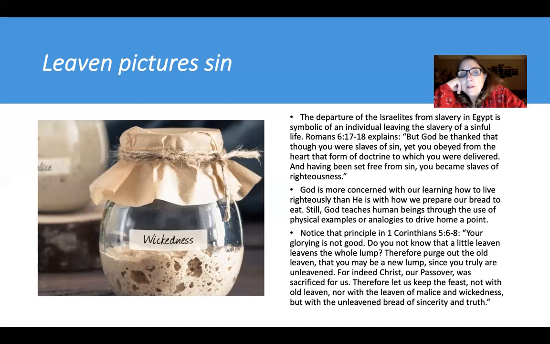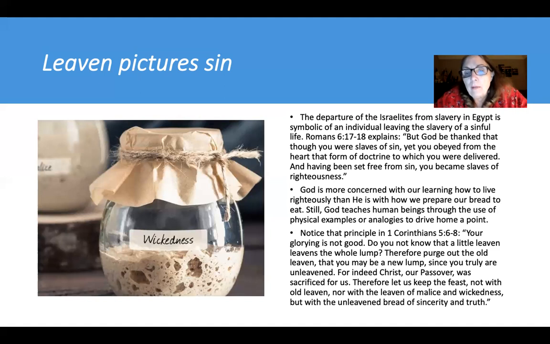It's almost like our leaven is not there. He started a whole new batch of dough, so to speak. We've become a new man, okay? And so we're a new batch of dough without the leaven.